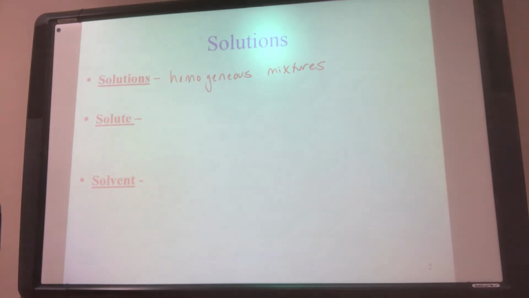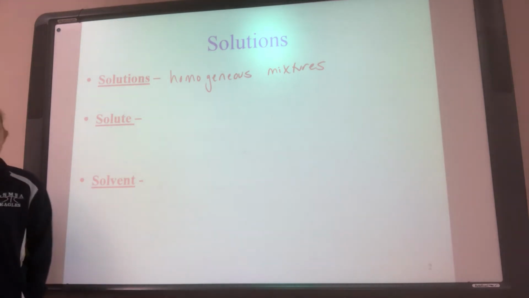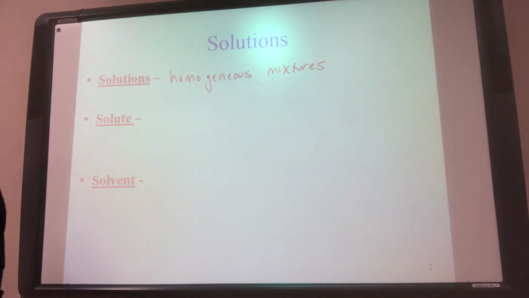Salt water would be a homogeneous mixture, unless you added too much salt and it settled at the bottom. Sweet tea is a homogeneous mixture. Anything that's uniform throughout, compared to a heterogeneous mixture like sand and water, where the sand settles at the bottom. In a solution, we're going to have two parts.